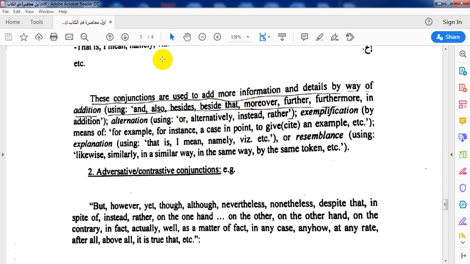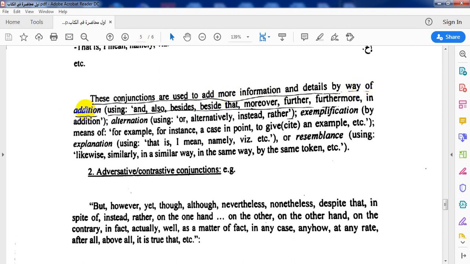So those connectors or conjunctions have functions. They add more information and details.